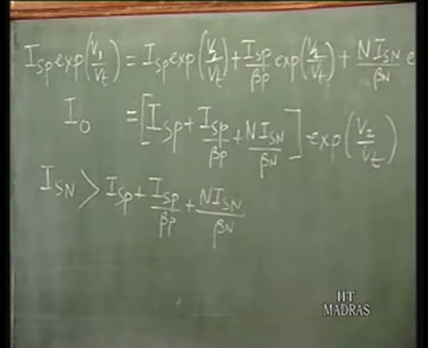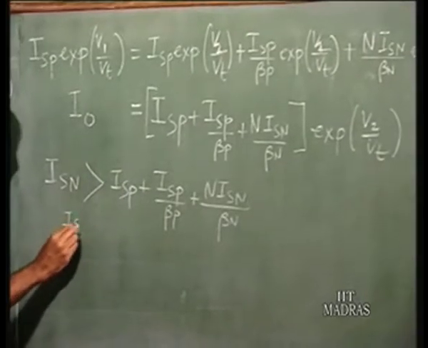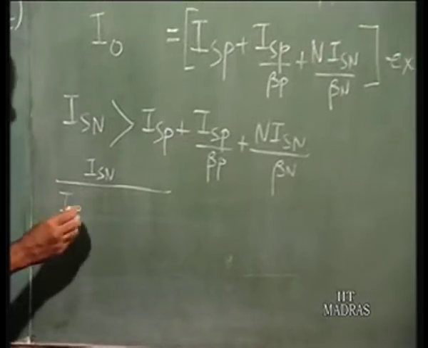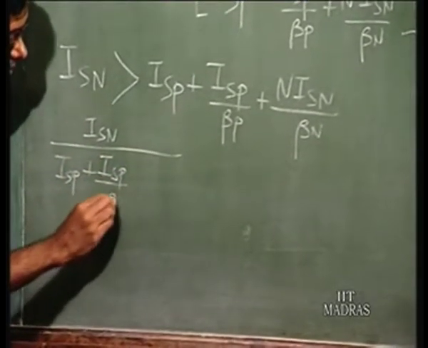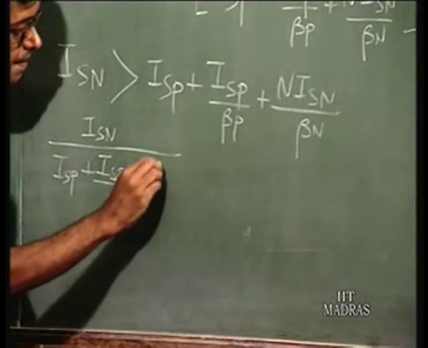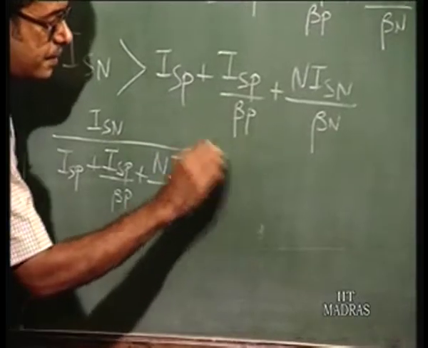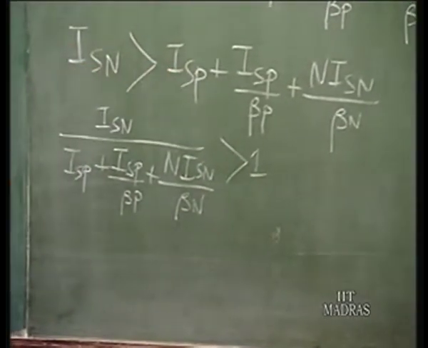Now, we will just do some small manipulation. You can write like this: ISN divided by ISP plus ISP by beta p plus NISN by beta n must be greater than 1. Basically, this divided by this must be greater than 1.